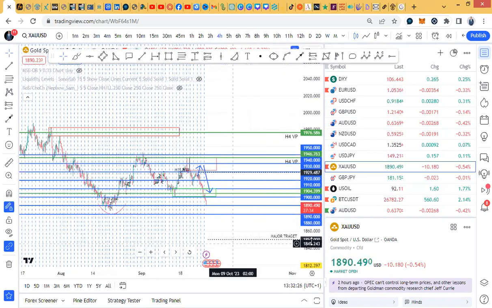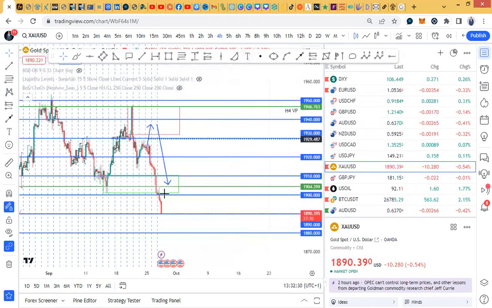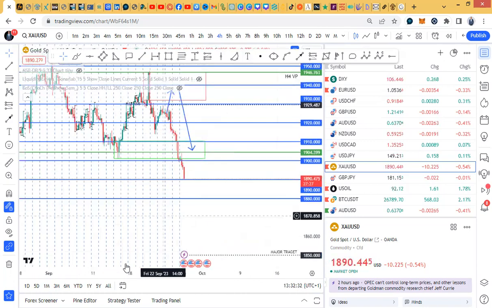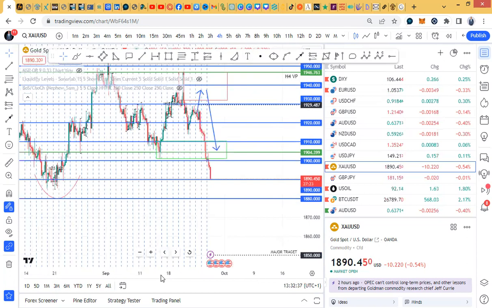Overall, to be honest with you, my friend, when it comes to US 30 and it's moving up, I think overall investors are bullish on US 30 because it's an index.